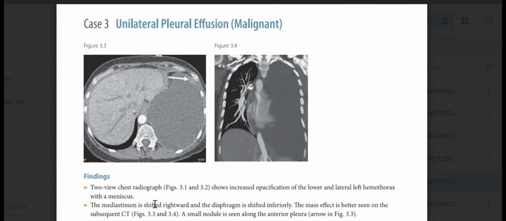The mediastinum is shifted rightward and the diaphragm is shifted inferiorly. You can see here that the mediastinum is shifted rightwards by the mass effect of the massive left pleural effusion, and the left hemidiaphragm is shifted inferiorly.